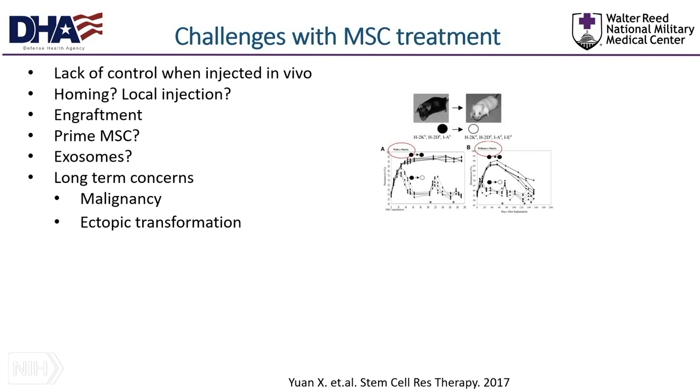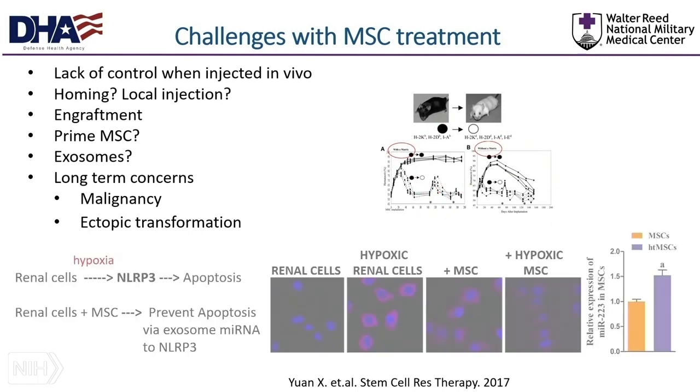So we know that if you give full match, especially in the presence of a scaffold, you can have these cells remain in the recipient longer compared to non-match or non-scaffold conditions.